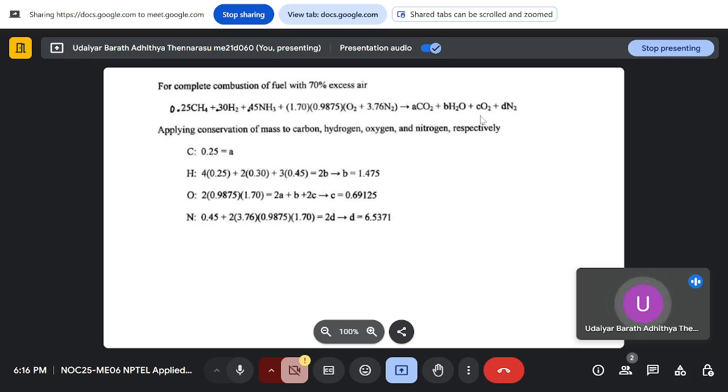The only thing which will change is we will have excess oxygen and nitrogen. So C we are getting at 0.69125 and D 6.5371.